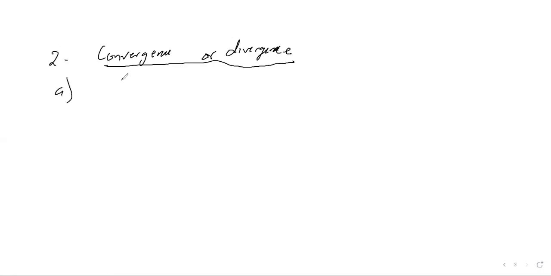Question 2a, the sequence given is a_n equal to the root of n to the power 4 plus 2, so that's the root, over 2 the root of n.